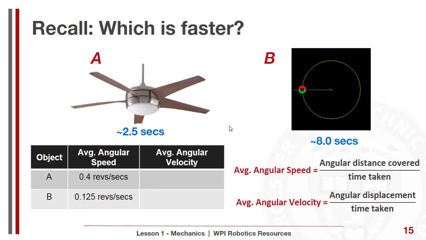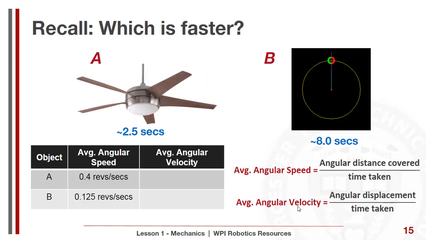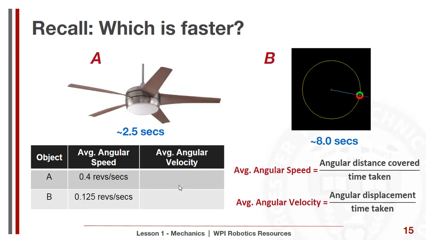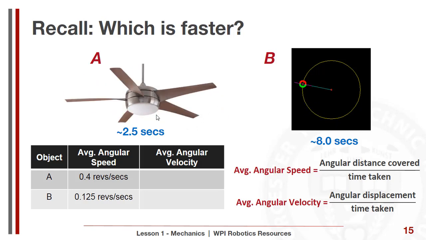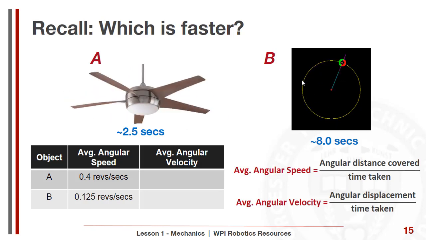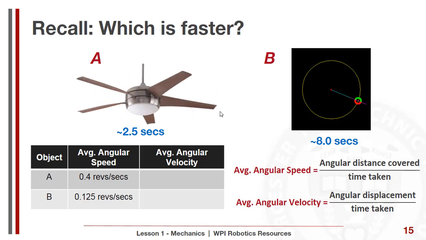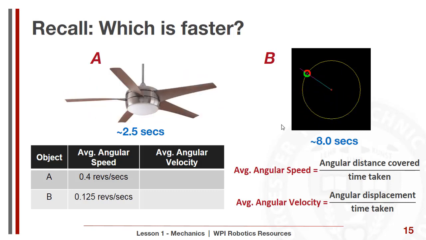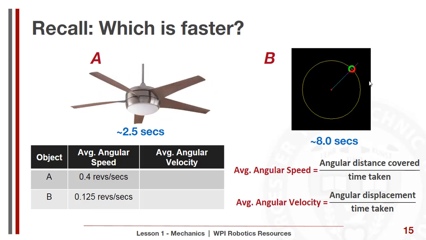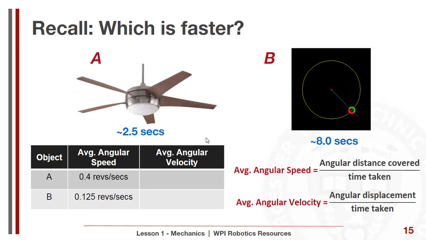Remember, as we talked about before, that velocity is a vector quantity, meaning it has magnitude as well as direction. And so we have to find a way, how do we define direction for rotational motion? Well, the obvious way to think about it is this can either be moving this way or the other way. And in this example, this is moving this way, which we refer to as clockwise motion.